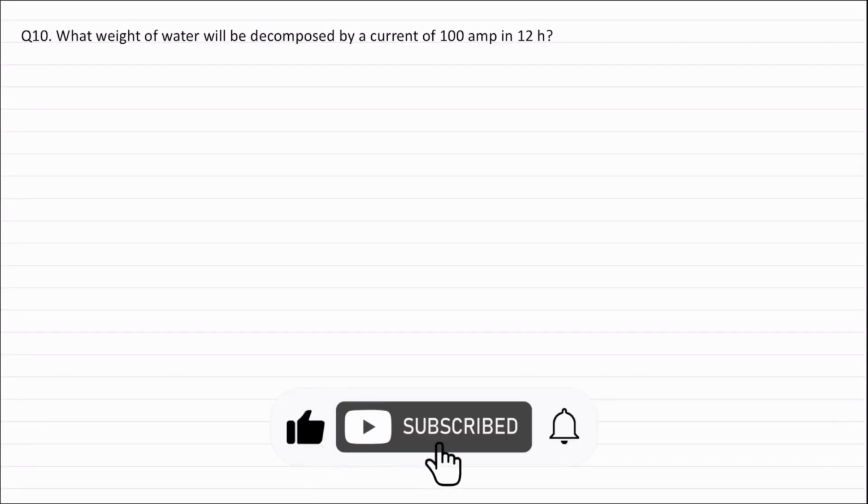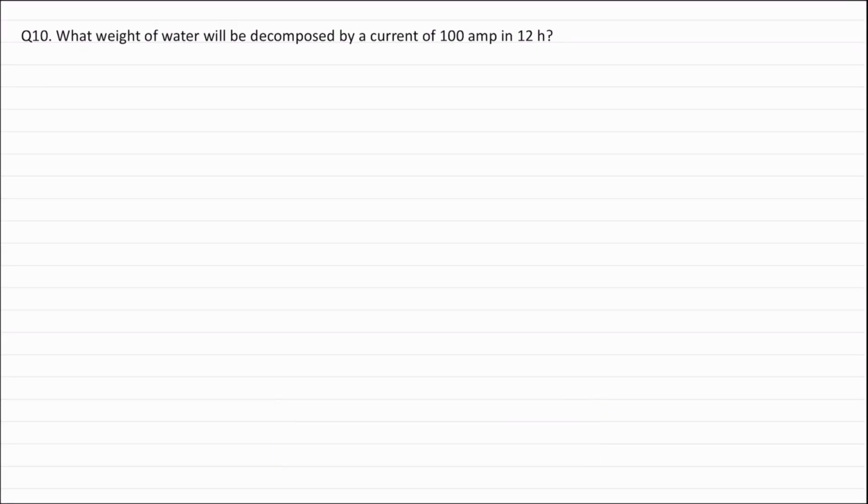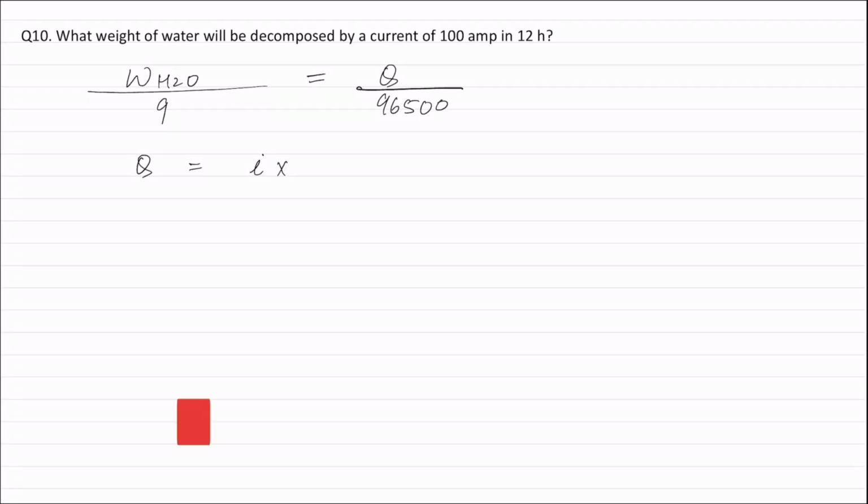Question 10. What weight of water will be decomposed by a current of 100 ampere in 12 hours? Now, equivalence of water, that is weight of water divided by equivalent weight of water, that is 9, will be equal to Faradays of electricity, and Faradays of electricity is equal to charge divided by 96500 coulombs. Now the value of Q is equal to I into T, where I is the current and T is the time.